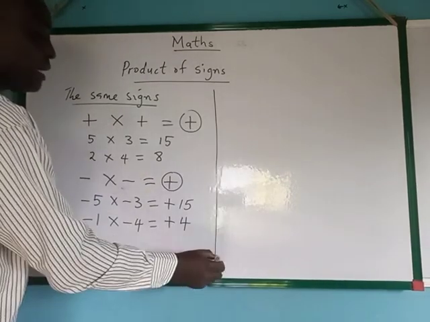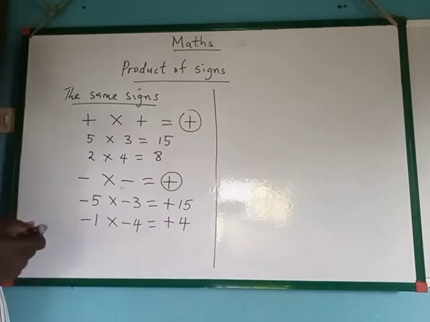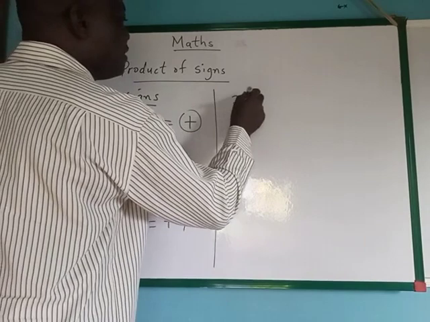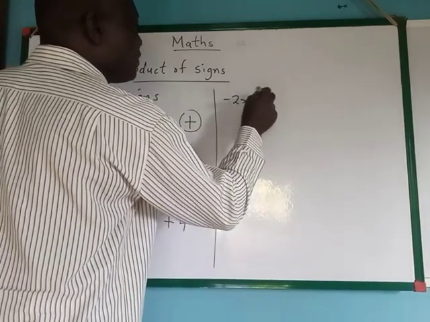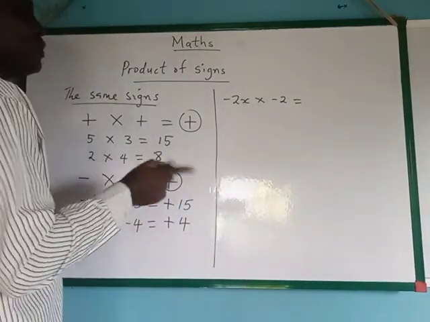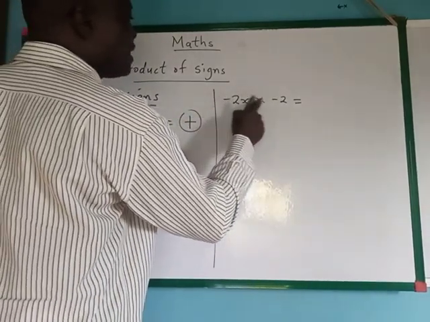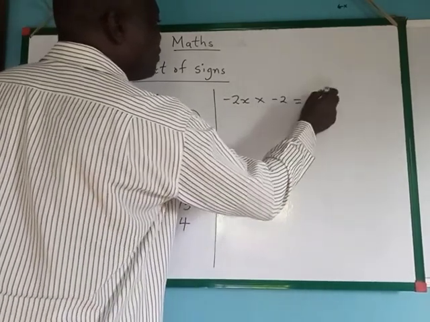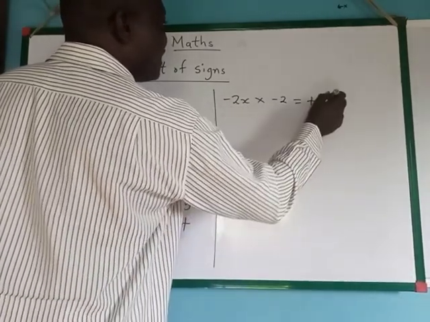Let us take an algebraic expression. Take for instance, I have minus 2x times minus 2. Minus times minus becomes plus. 2 times 2 becomes 4. Then we have x.